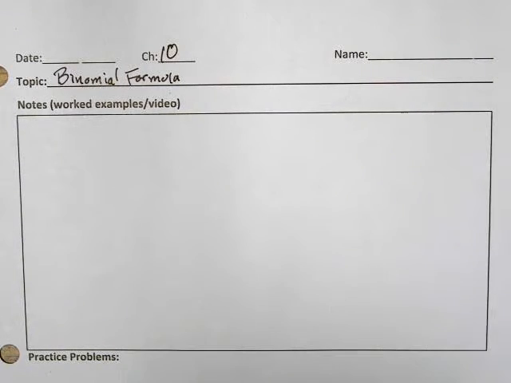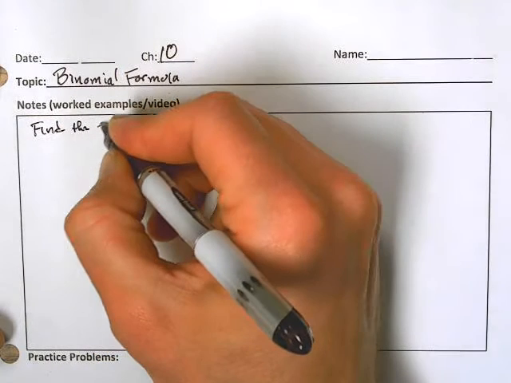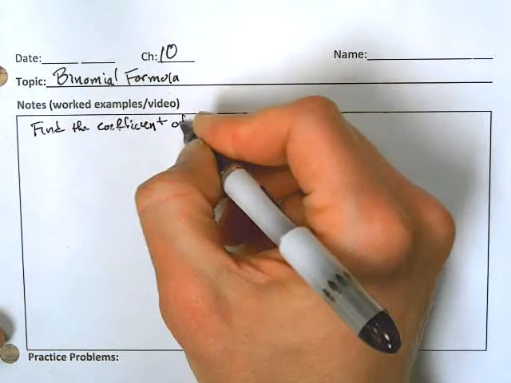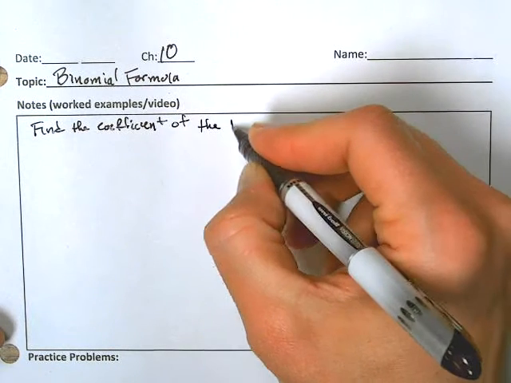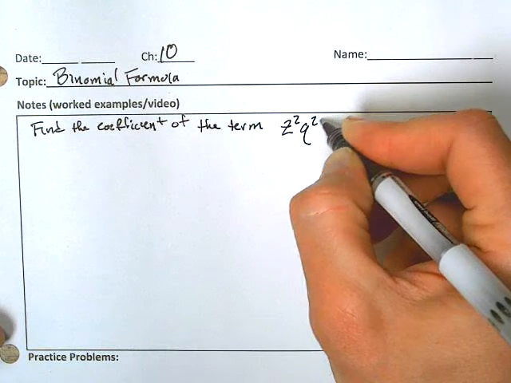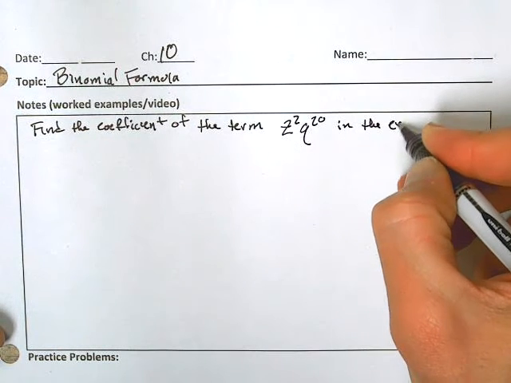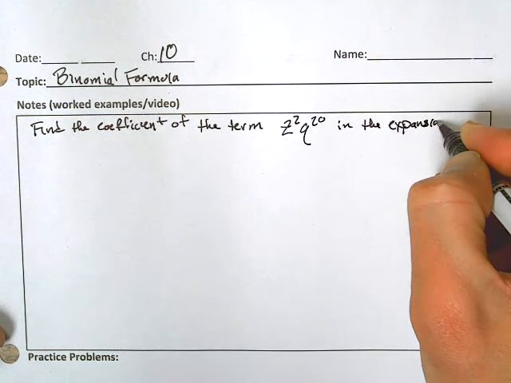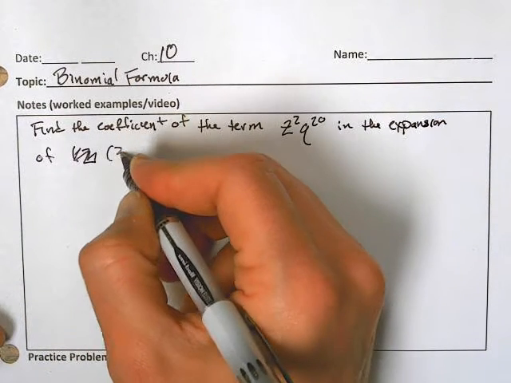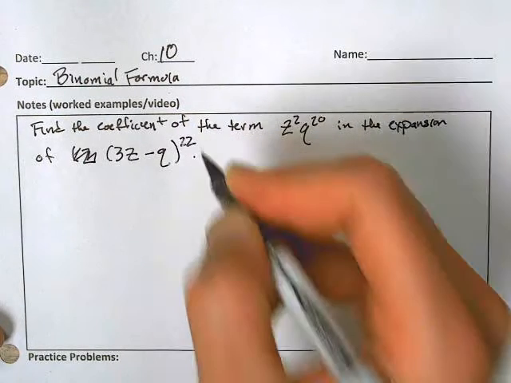So in this problem, let's find the coefficient of the term for z squared q to the 20th in the expansion of the binomial 3z minus q to the 22nd.